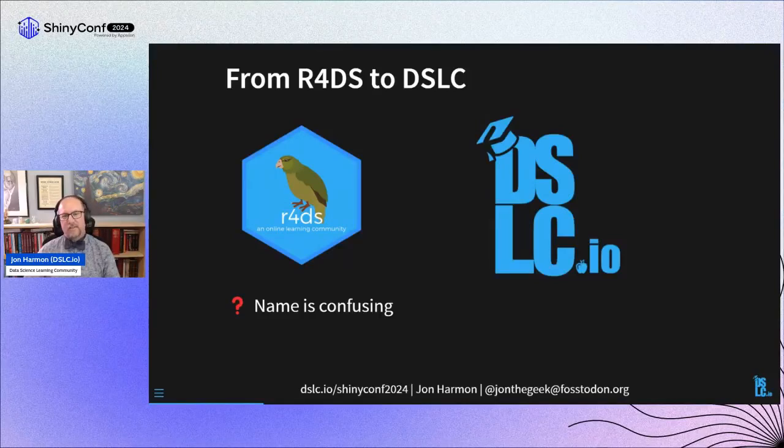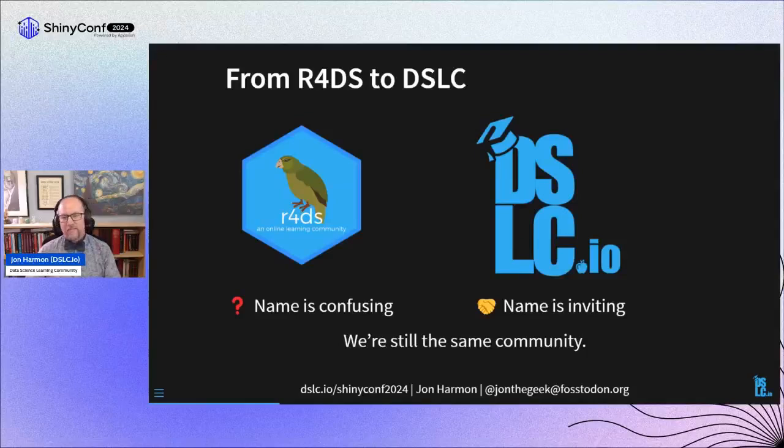You can find us at dslc.io. We wanted our name to be much more inviting, and so that is the reason for the name change. We are still exactly the same community. We just wanted it to be clearer what we do.